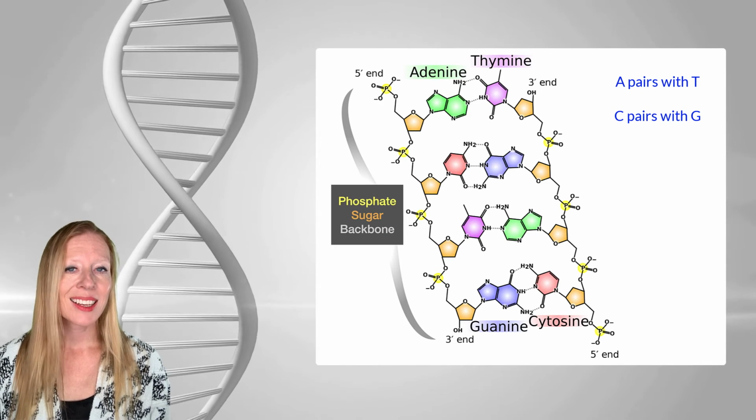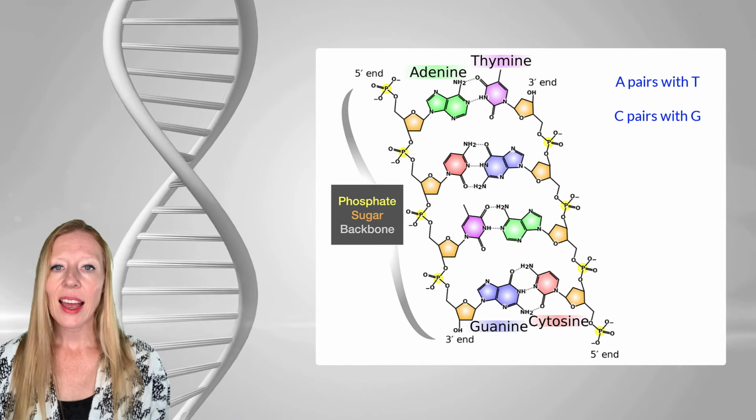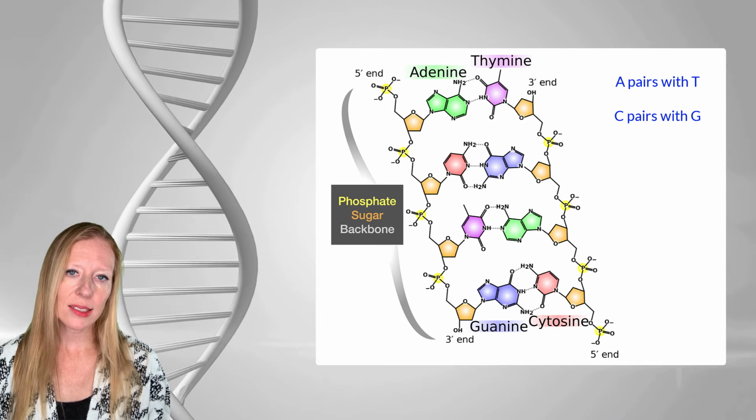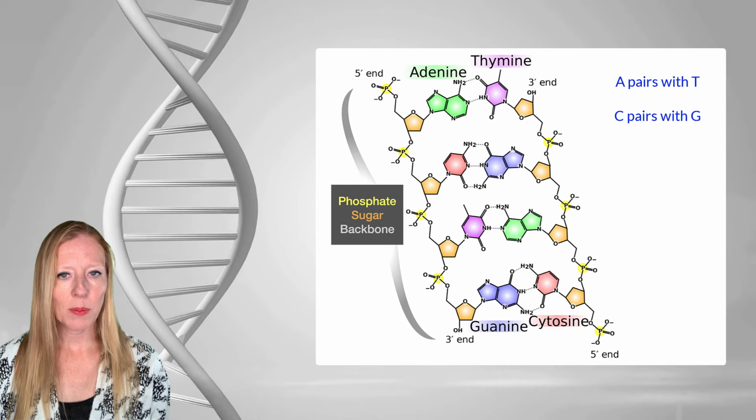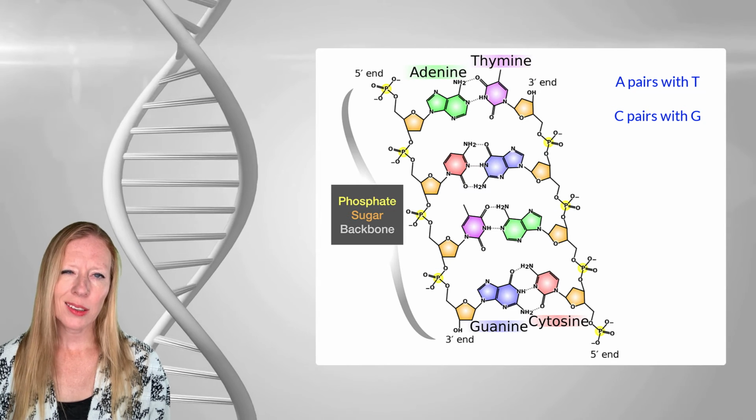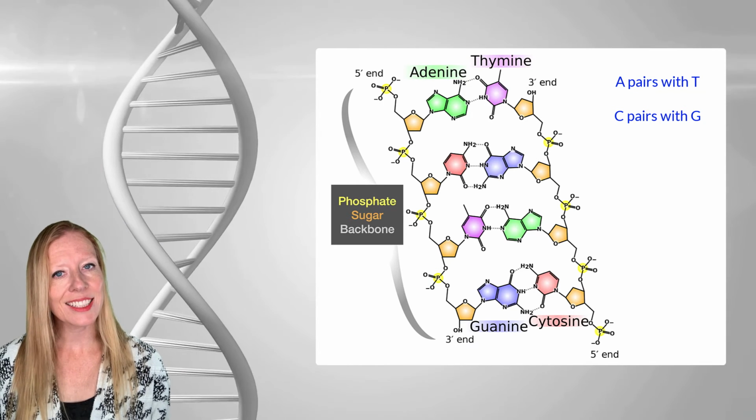Not going to happen. So, in a molecule of DNA, adenine can pair with thymine, and cytosine can pair with guanine, and that's it. If you need a handy mnemonic to help you remember this, think apple tree, AT, chewing gum, CG.